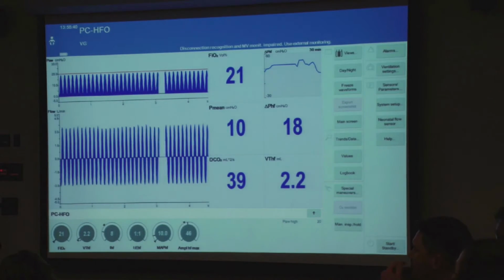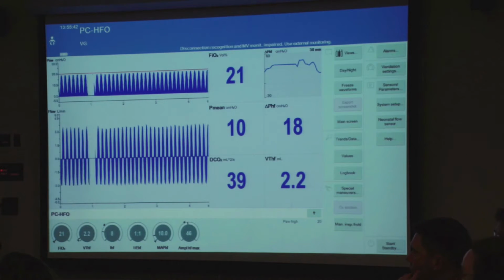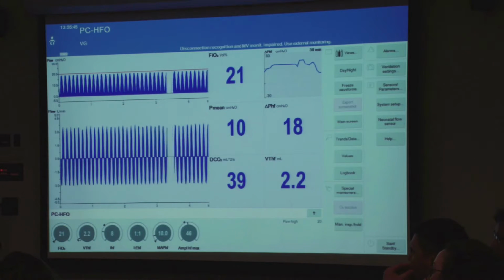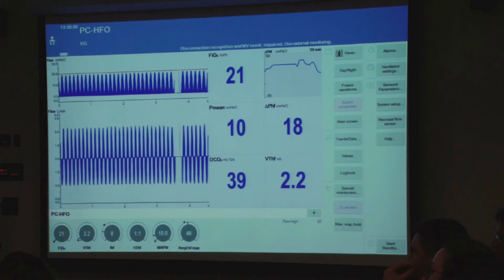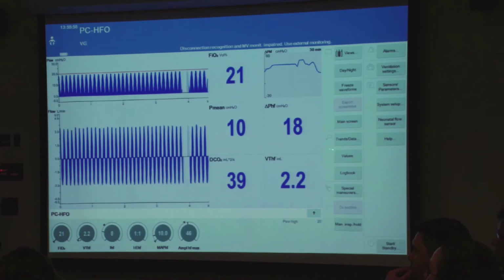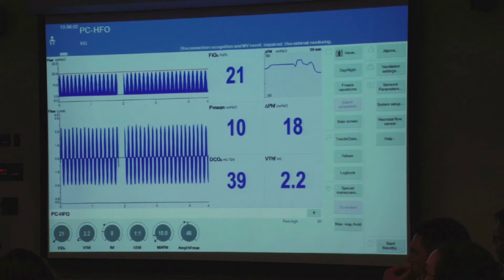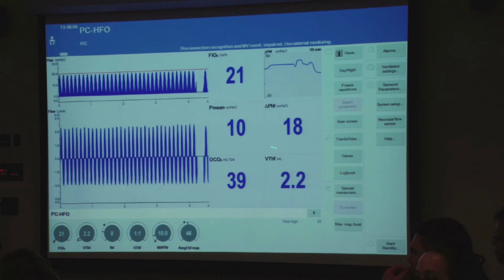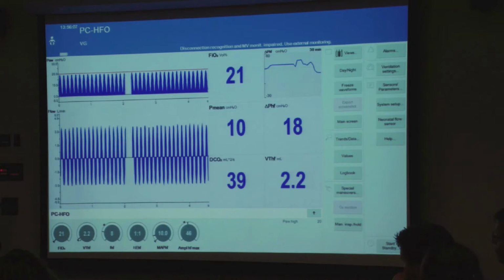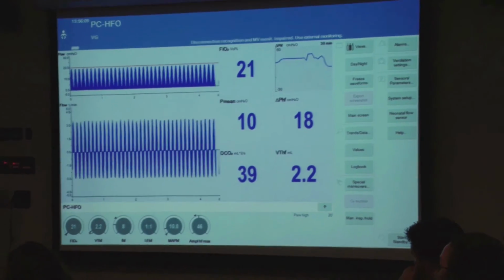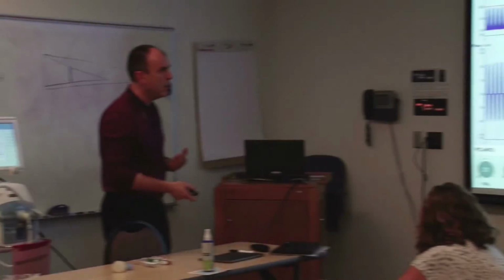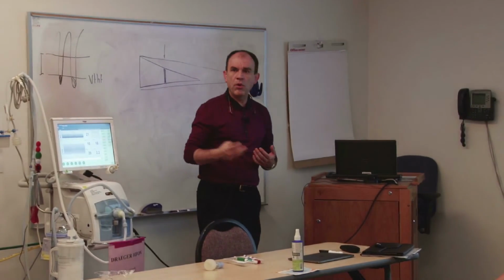If the baby's lungs get stiffer and the compliance gets worse, it will be more difficult to oscillate, and the ventilator will pump up the delta P, the amplitude, to try to arrive at the target, and it will compensate, obviously, to a certain point. But this, at least for us, is a very good parameter also if the baby is getting better. Because if compliance is improving, this number tends to go down automatically.